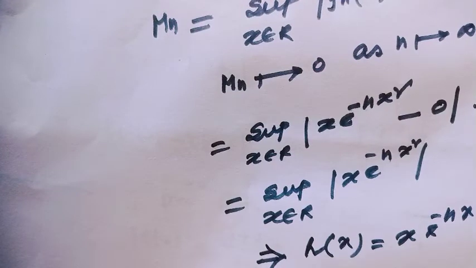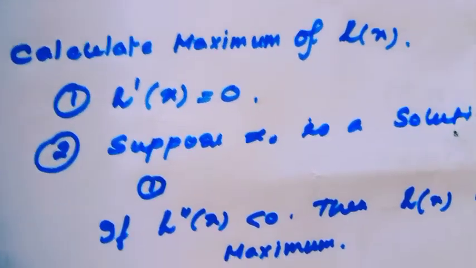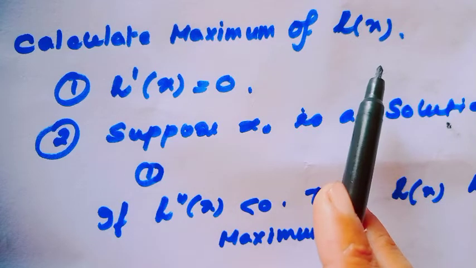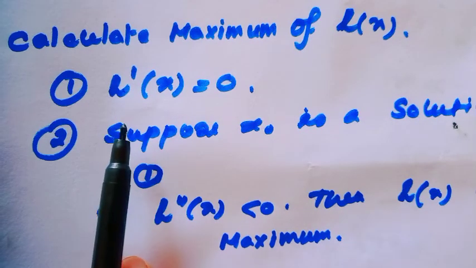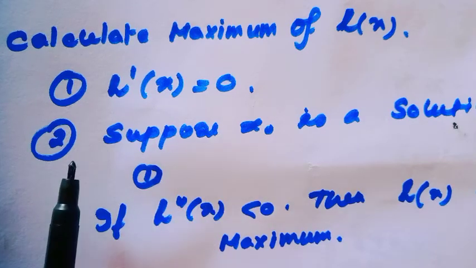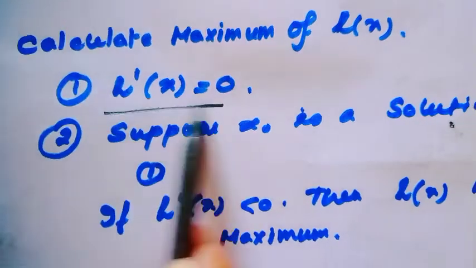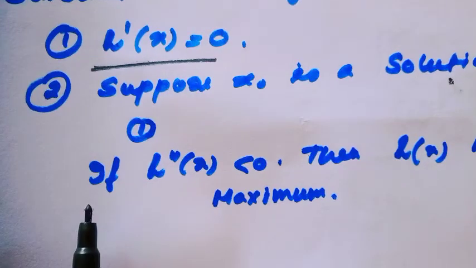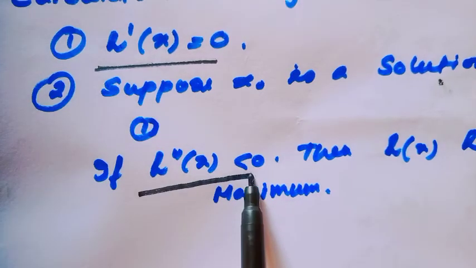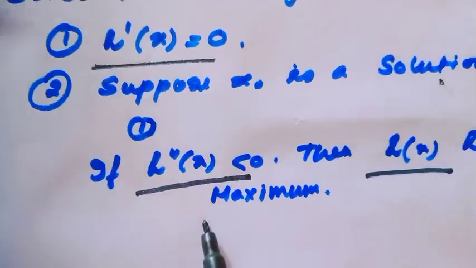Just recall, to find the maximum of any function A(x), at first we have to check A prime x equal to 0. Suppose x0 is the solution of this; then if A double prime x is less than 0, A has a maximum.